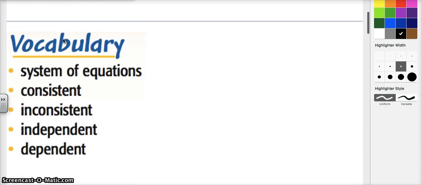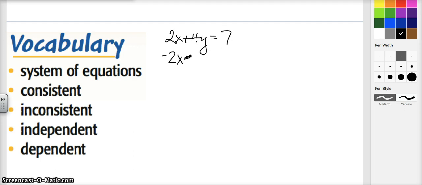A couple of vocabulary items we need to keep in mind. With systems of equations, you're going to have two equations, something like 2x plus 4y is equal to 7, and then maybe negative 2x plus y is equal to 9.